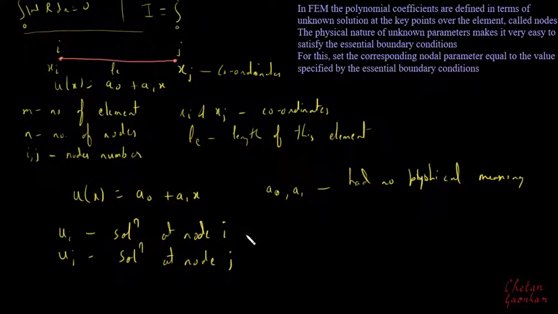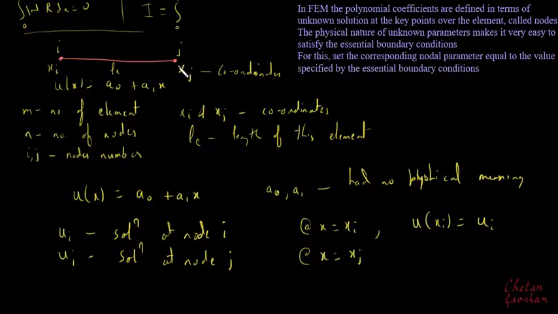And how exactly it happens is, from this element diagram, at x equal to xi we have the solution u as ui, and at x equal to xj, that is at this node, we have u as uj.